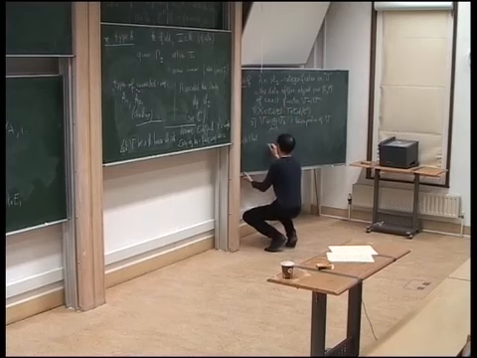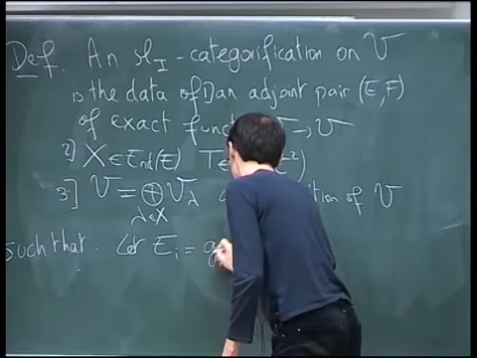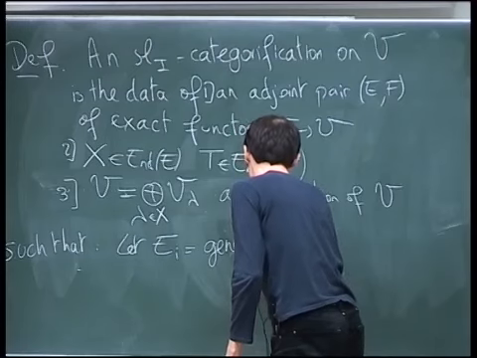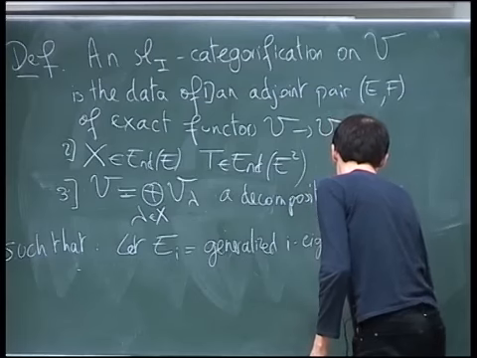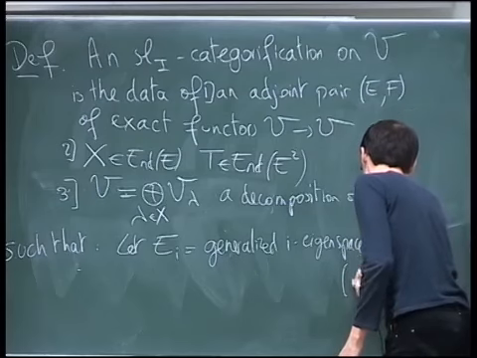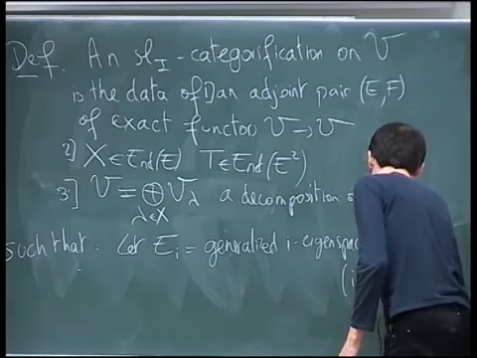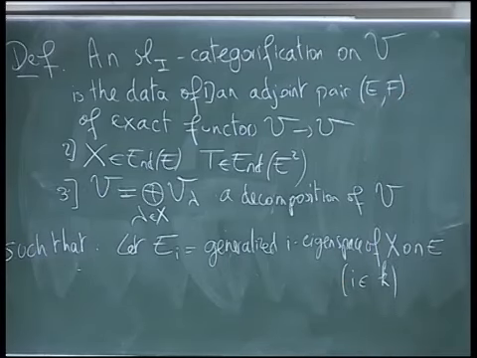Such that, the first thing is that you have to define EI to be the generalized I eigenspace of X acting on E. That's defined for any element in your field. You can think of algebras and E being given by tensoring by a bimodule.